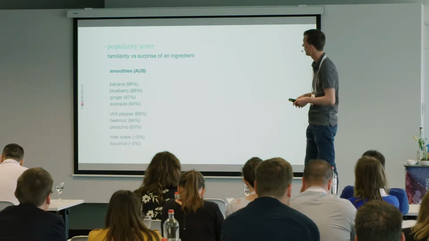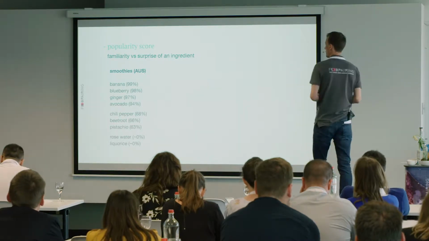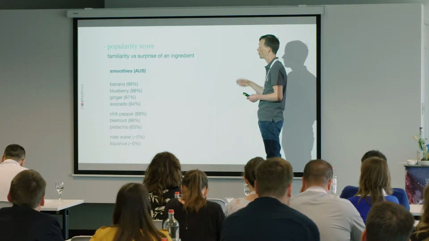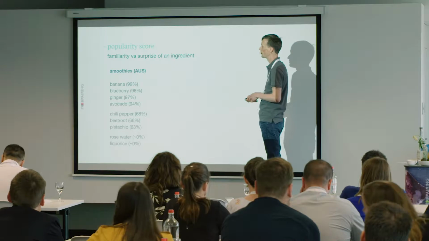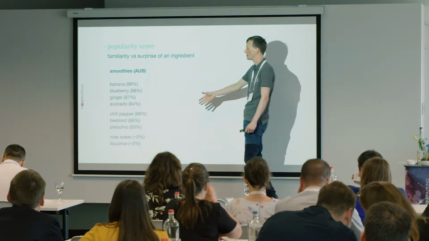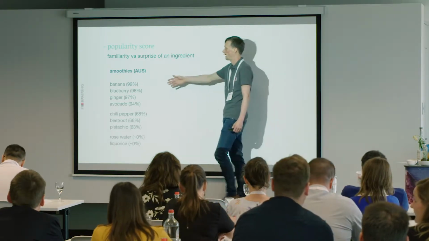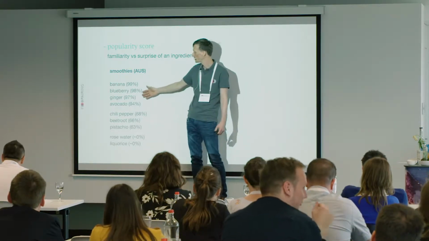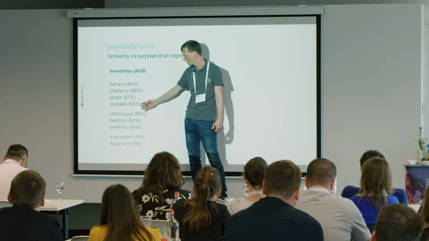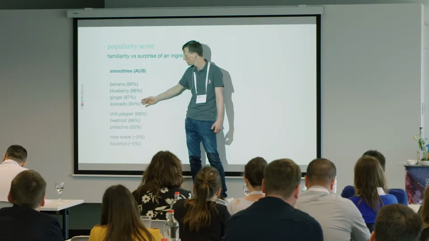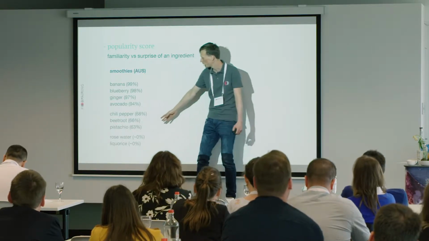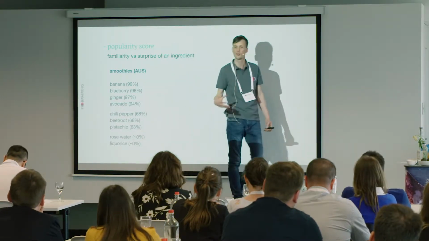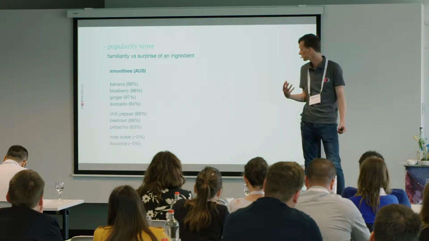For example, if we look at the data in Australia and we want to know what are the most popular ingredients in the application of smoothies? Well, these are some of the results. So the most popular, and that's not surprising, is banana, followed by blueberry, ginger, and so on. But avocado is quite high for smoothies. And then at the other side of the picture, licorice and rosewater are not popular at all.